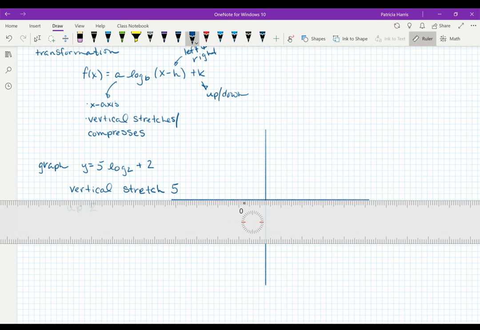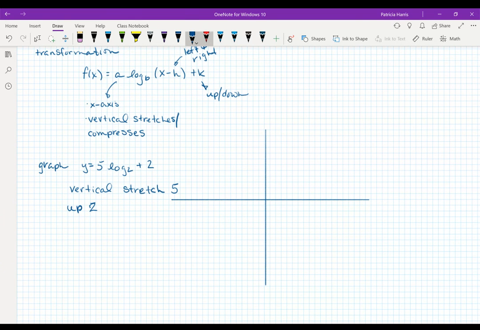Okay. All right, so I'm going to graph the original in red. Actually, let's redo that because that's kind of a bad graph.